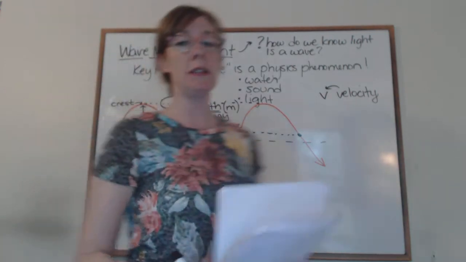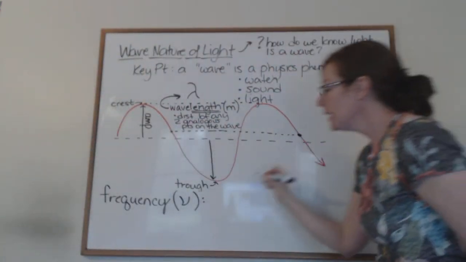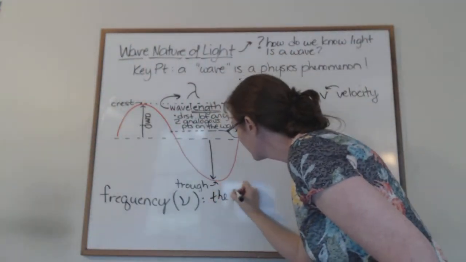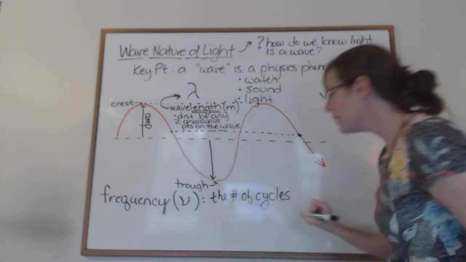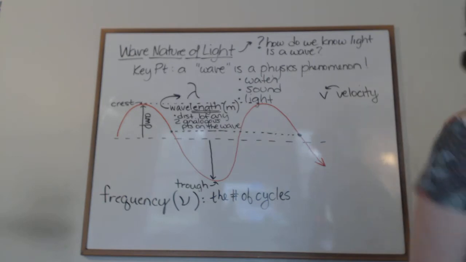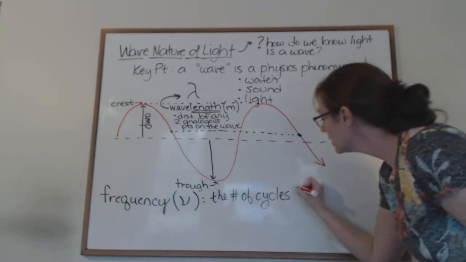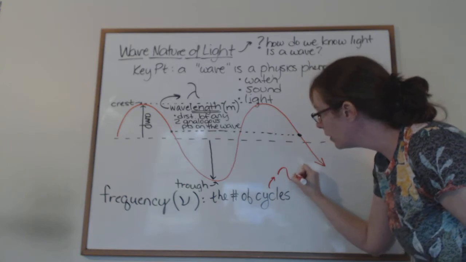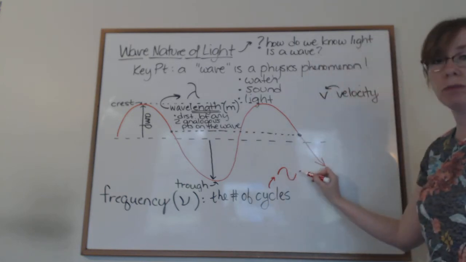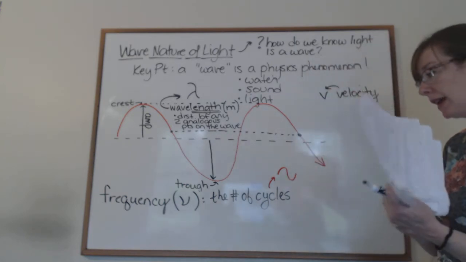And frequency, what is frequency? Frequency is the number of cycles. And what do we mean by a cycle? One cycle of a wave essentially is just this. Once up, once down. Once you've done one of those, you've completed one cycle. So that's a cycle.